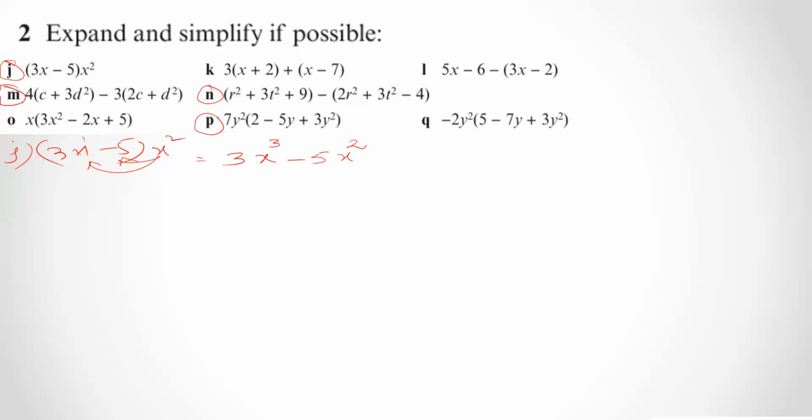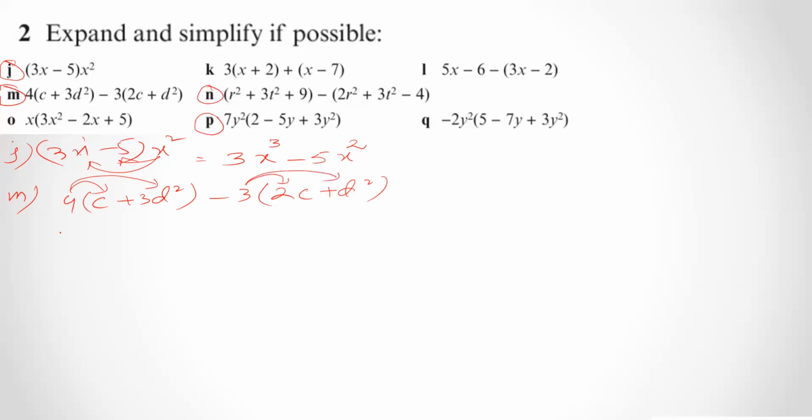Now we do question number M. The question is 4 times C plus 3D square minus 3 times 2C plus D square. Now we shall open the bracket and then we'll multiply 4 with both terms and negative 3 with both terms of the other bracket.